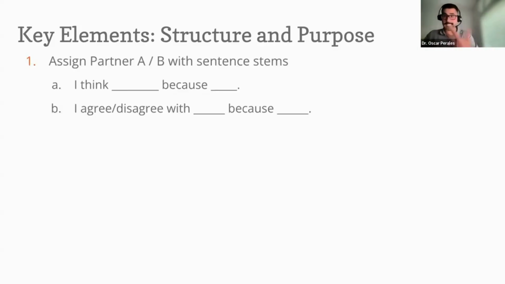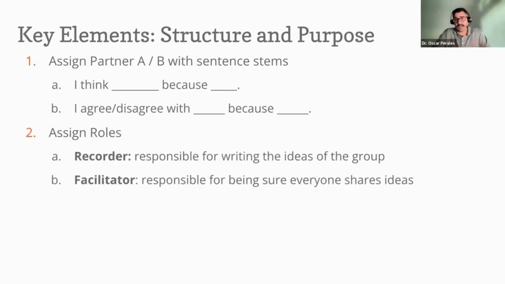I love assigning sentence stems. Sentence stems are great from a language development standpoint as well, but really structuring them, helping them learn how to communicate with each other academically, right? So having those there for them is a great way to provide a little bit more structure. You can also assign roles, right?